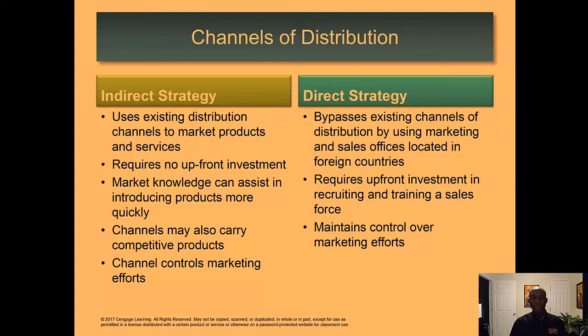So this may be through, we talk about foreign direct investment, or you talk about buying a company in that foreign market, 51%, in which you can now route your products through that channel so that you can have a lot better chance of succeeding by using an existing structure, but then moving your product through that supply chain, and thus maintains control over marketing efforts.